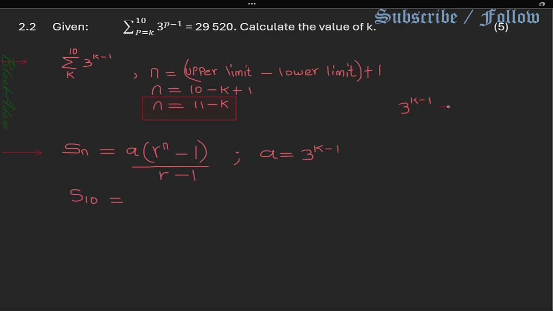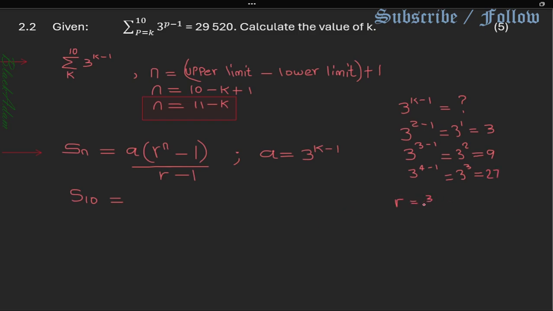So let's check the r. We don't know which term is first or second. So that's 3 to the power 2 minus 1, that gives us 3. Putting in 1 would give 3 to the power 0, which is 1, and we're not sure about the 1, so we use 2, 3, and so forth. So 3 to the power 2 is 9, and then 3 to the power 4 minus 1 is 3 to the power 3, which is 27.